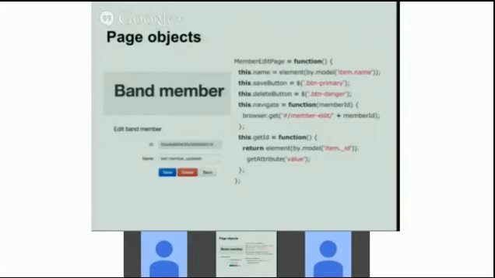We have an ID input, we have a name, and we have 3 buttons. So imagine I have a member edit page. It would have a name, a save button, a delete button. It would have navigate, so you don't have to remember what's the URL. And then you would have a get ID.